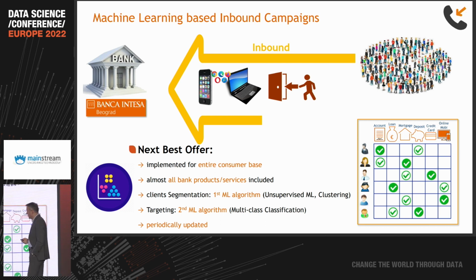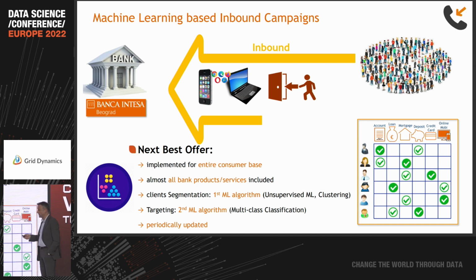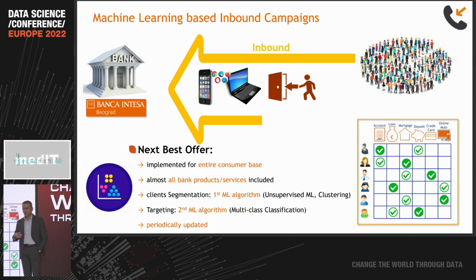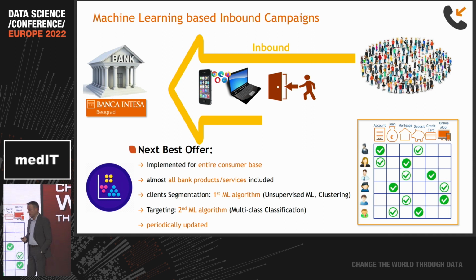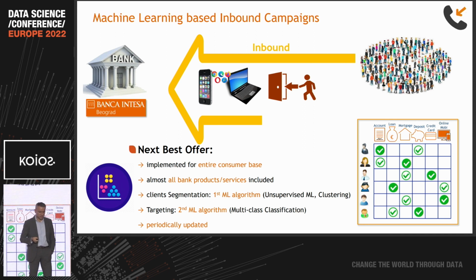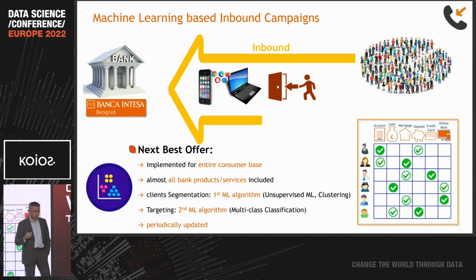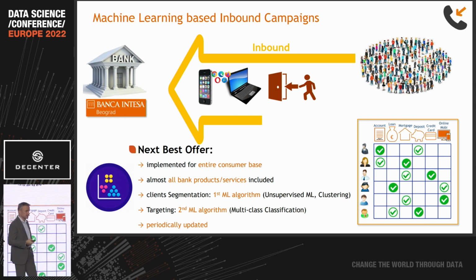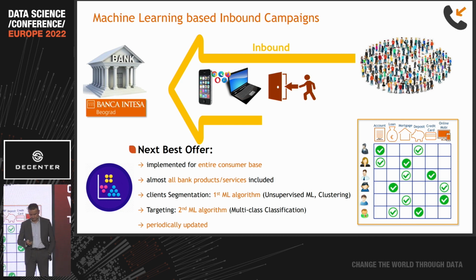So you can see that we basically covered for these business use cases pretty much the entire product portfolio of the bank for the consumer customers. And we actually considered all products that the customer could get, of course, except the ones that they have already. This is why it's called the next best offer.